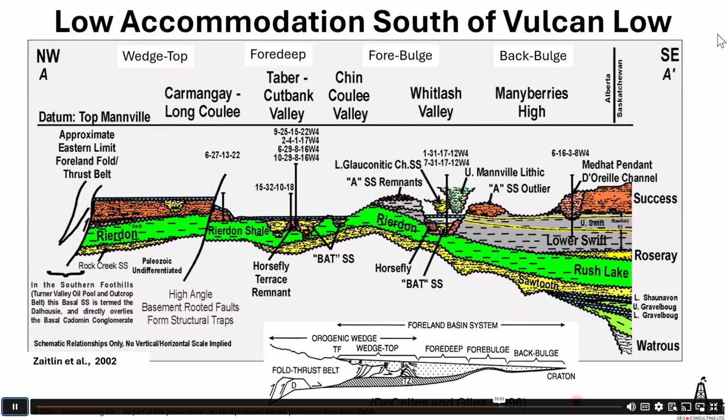Whereas in the area where we're past the back bulge and we're on the craton, what it's called in Saskatchewan, we would call that the Success in through there. So it's in a different tectonic setting as you go along through there. Whereas the foredeep and the forebulge is the area, in the area of low accommodation, where you had erosion, and that's from the higher cycle that's operating within the unit.